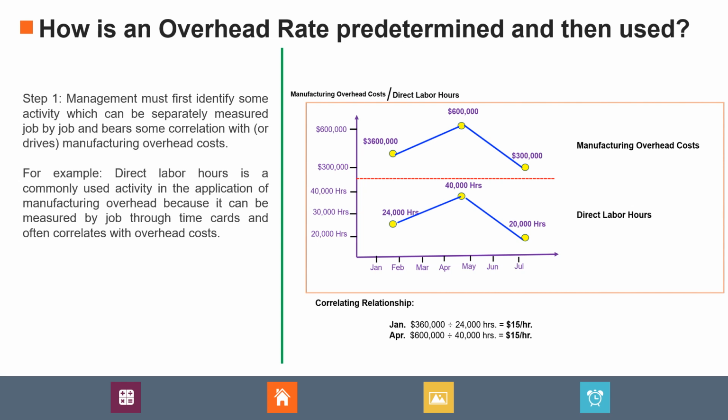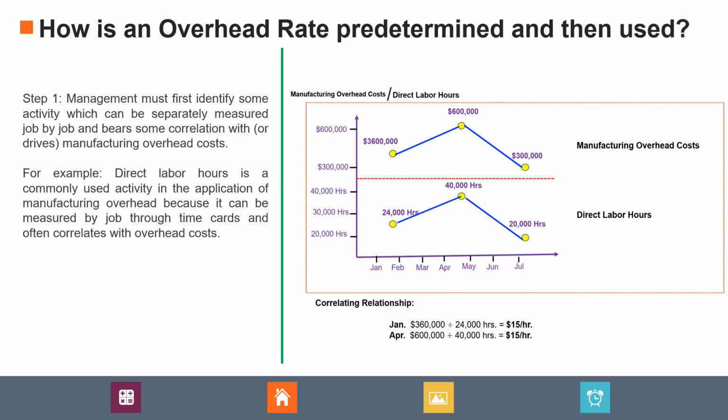Now, what I've done here is identify a measurable activity, direct labor hours. We measure it job by job through the time cards of employees. This activity seems to bear a correlating relationship with the dollar amount of all of our manufacturing overhead costs, which include indirect materials, indirect labor, and other manufacturing overhead costs.